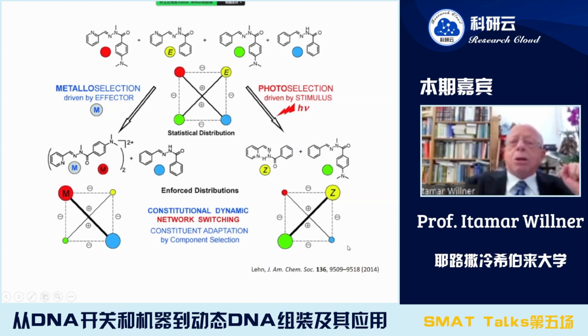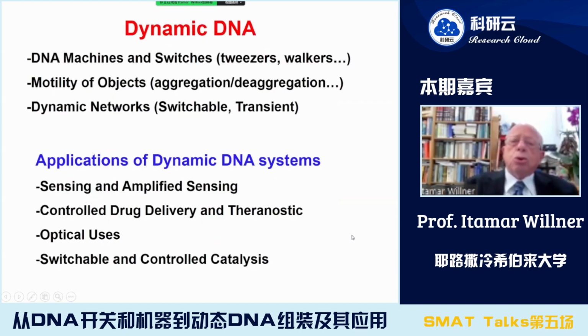Many such systems were developed, but they suffer from one limitation. For each function, we have to design a new system, and we don't have a comprehensive material to apply to develop such networks. And here comes our idea to use DNA as a versatile material to develop such networks.